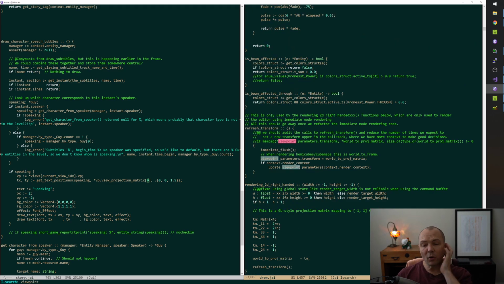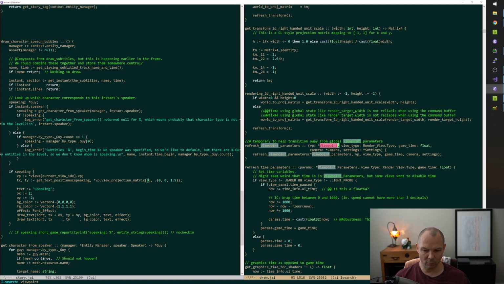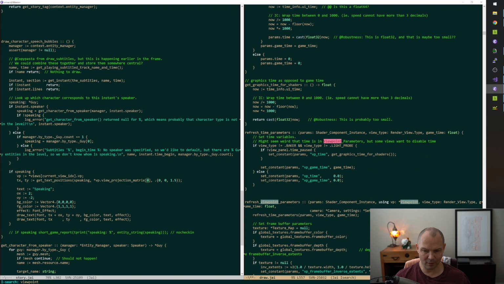So now I'm just looking randomly in the entity draw code, trying to figure out how. I mean, maybe I can use this world to proj matrix variable, maybe not.